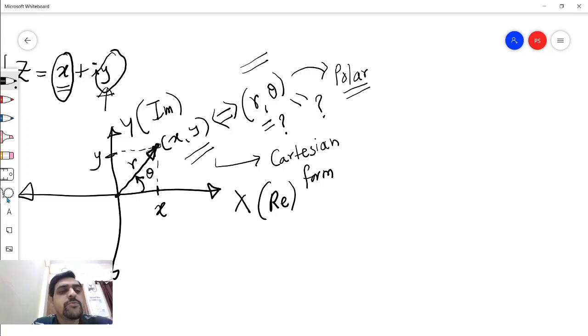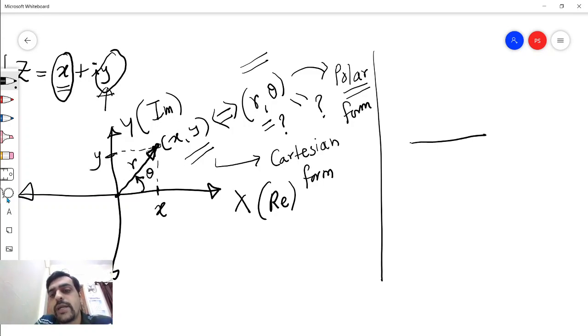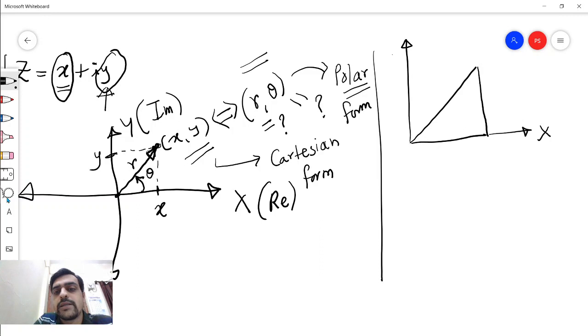Now we must be able to connect these two forms. We can use trigonometry for that. Remember, this was the x-axis, this was the y-axis, and the coordinates were x and y.